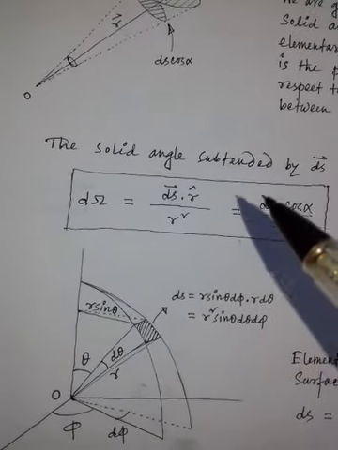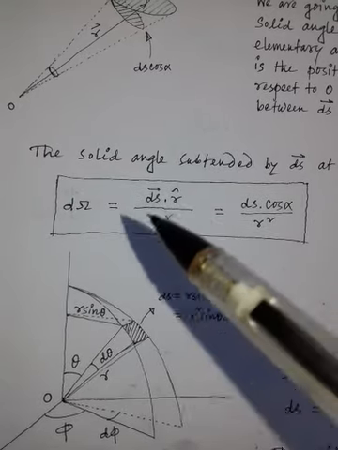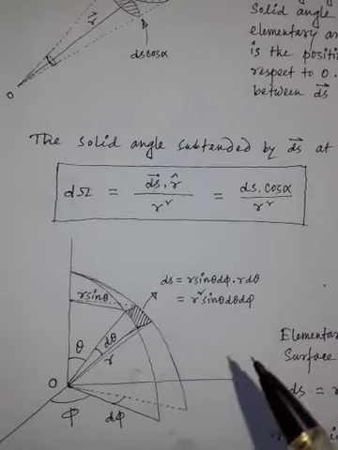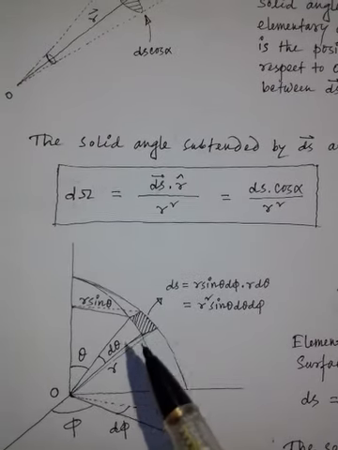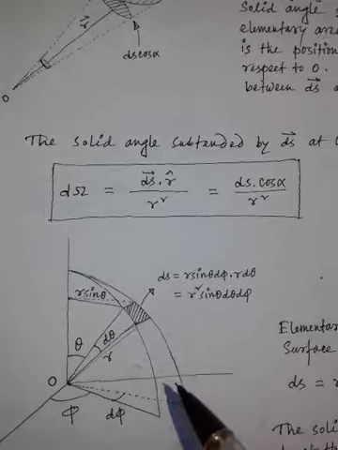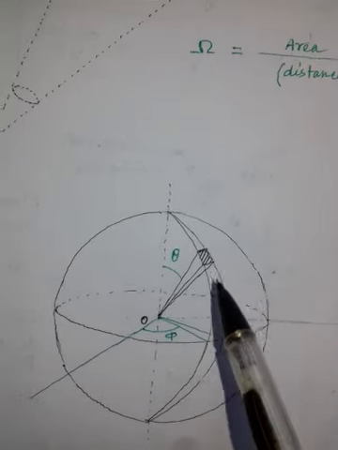Often we consider spherical polar coordinates to express the solid angle. Let us take an elementary area ds over a spherical surface in spherical polar coordinates. Look at this figure. Here this is the elementary area ds.